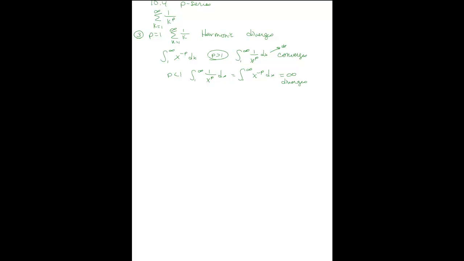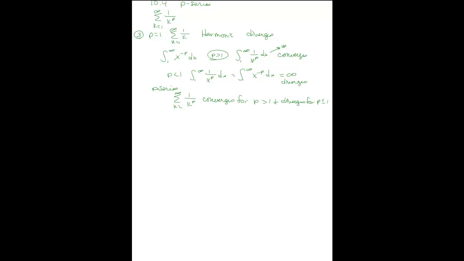So, the rule that we've got here for the P series is that, and it's example 3 and also the theorem, we just proved it, that in a P series, the summation k equals 1 to infinity of 1 over k to the p converges for p greater than 1 and diverges for p less than or equal to 1.